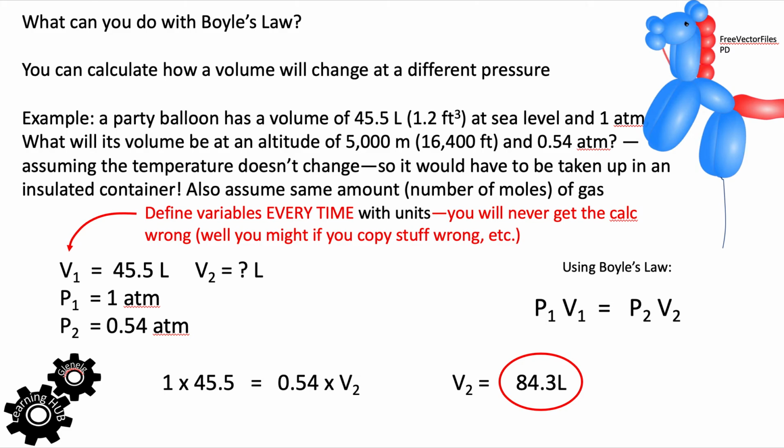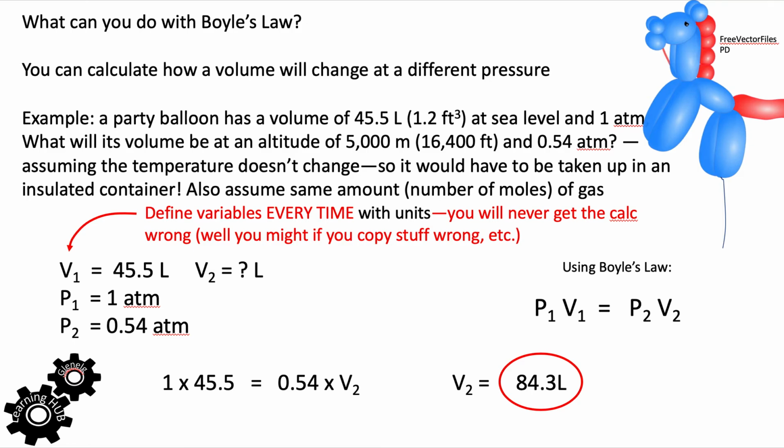So calculating how the volume of a balloon will change at a different pressure. We've got a party balloon here, a fairly nicely shaped one, with a volume of 45.5 litres at sea level, 1 atmosphere pressure. And what will its volume be at an altitude of 5,000 metres?